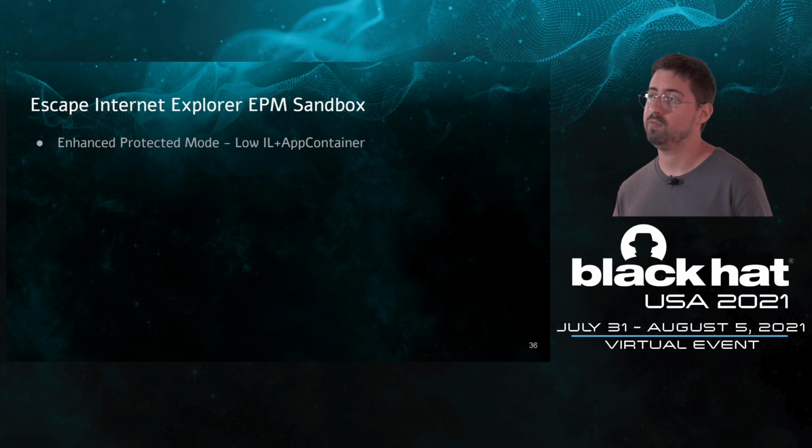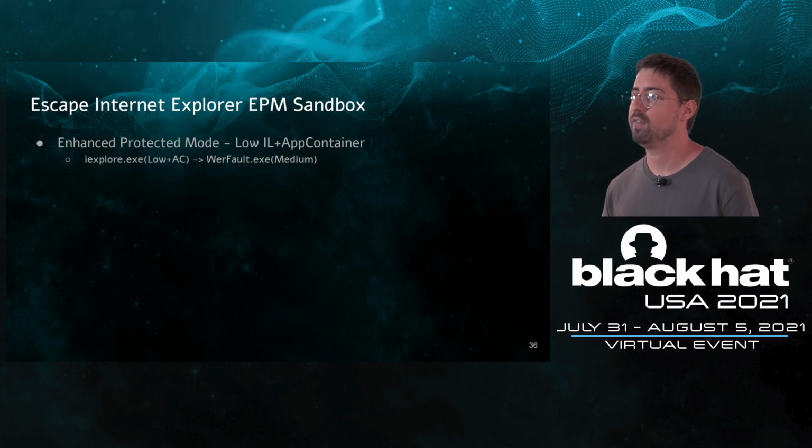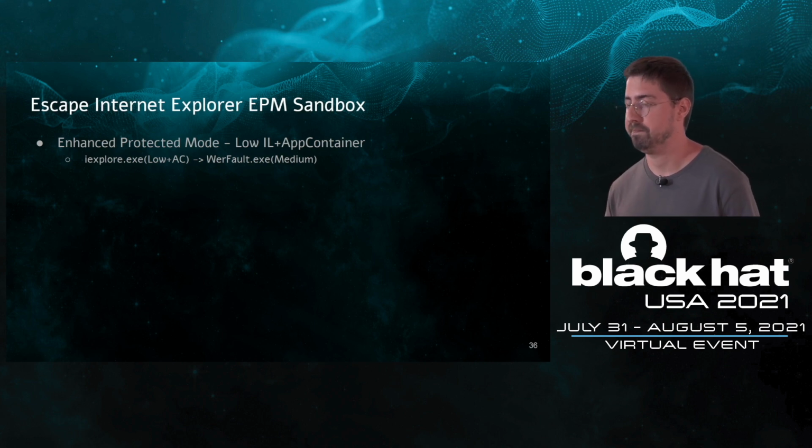But I don't have the time to go into the exact details of how AppContainer works, so I won't discuss it right now. But what you need to know for this exploit is that if the renderer process of Internet Explorer crashes under AppContainer, the WerFault handling that crash would also run under medium integrity level.